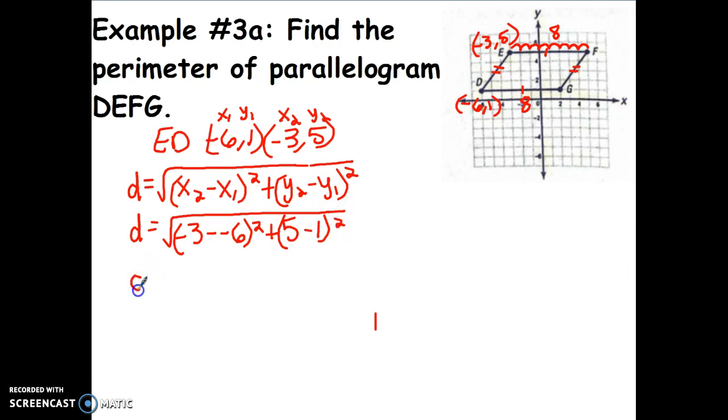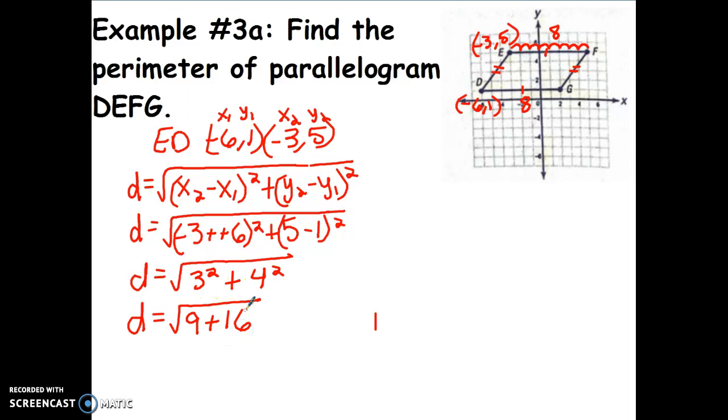Let's simplify. -3 minus -6 is 3. 5 minus 1 is 4. 3 squared is 9, and 4 squared is 16. 9 plus 16 is 25, and the square root of 25 is 5 because that is a perfect square. So this side is 5, and so this side is also 5.